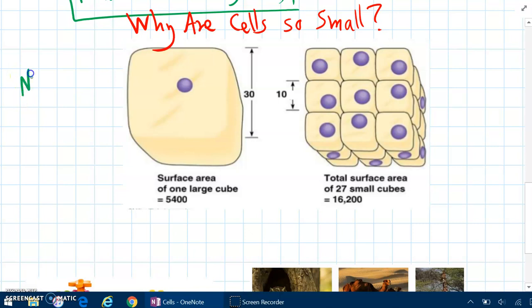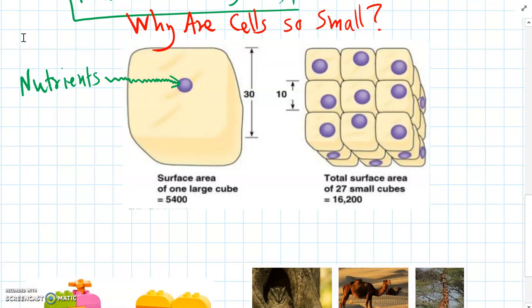So every cell needs to get nutrients from the outside world, and the nutrients have to come in through the outside layer of the cell, and to get through into the middle, they need to travel through the liquid, and that takes time. So for a really big cell, it takes a long time for nutrients to get into the middle to support the cell.